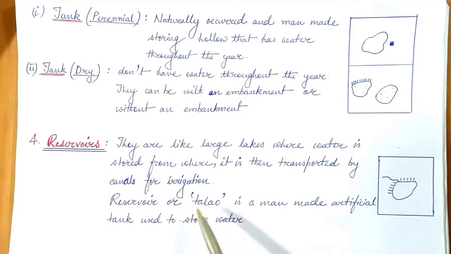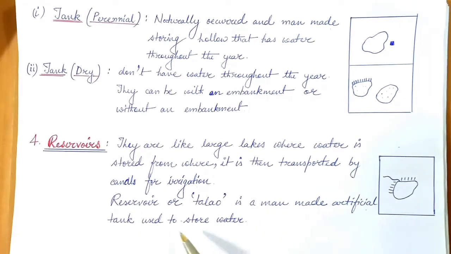A reservoir, also known as talao, is a man-made artificial tank used to store water. So they are not natural but man-made. They are used to store water, especially for irrigation.